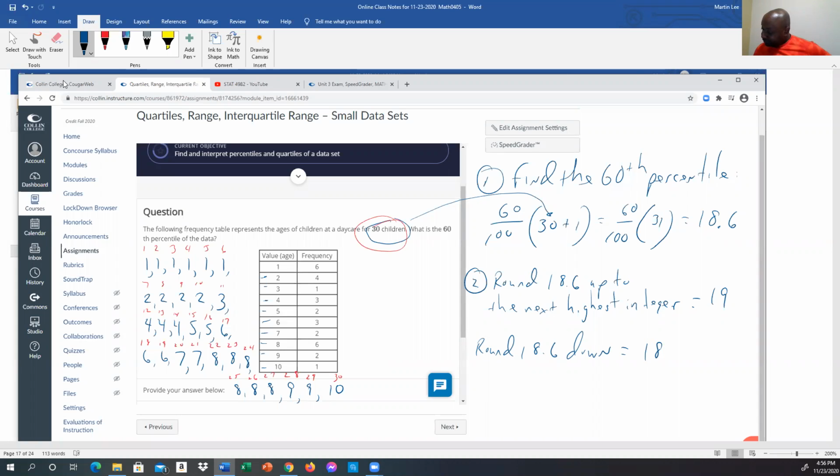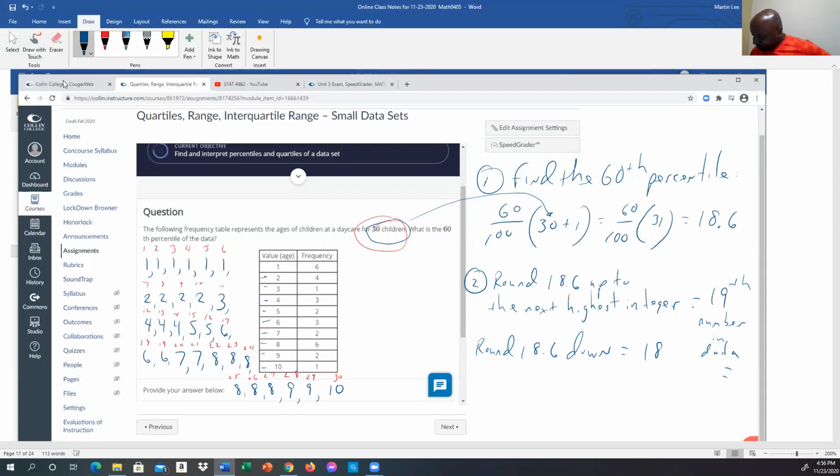So now we want to identify, okay, 19 means the 19th element in the data set. So the 19th number in the data.